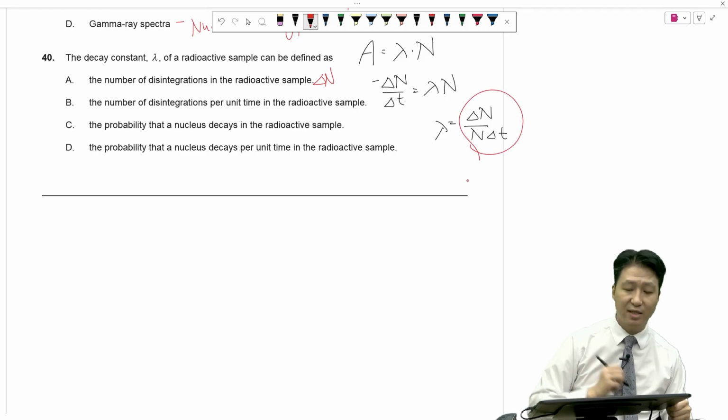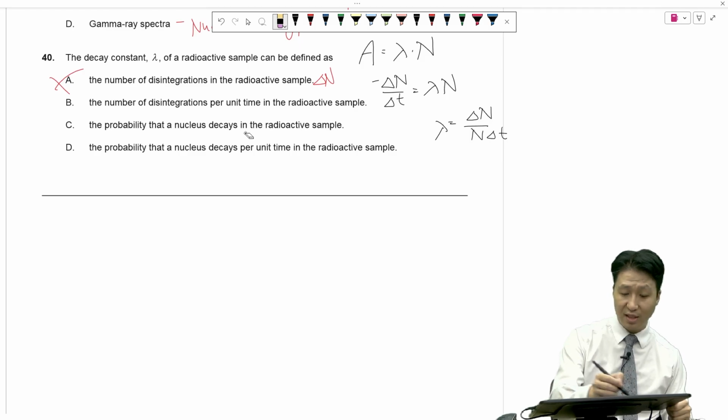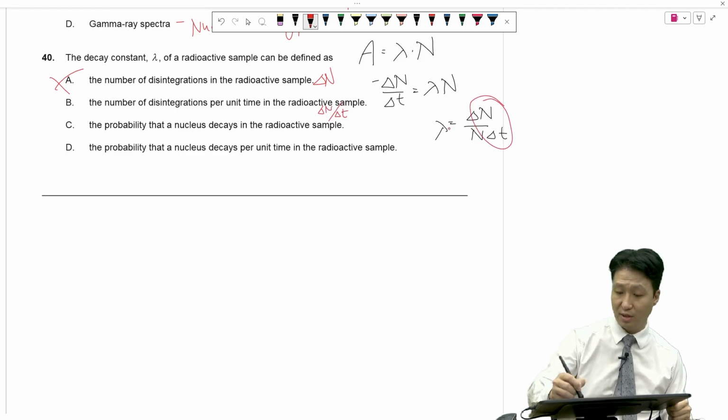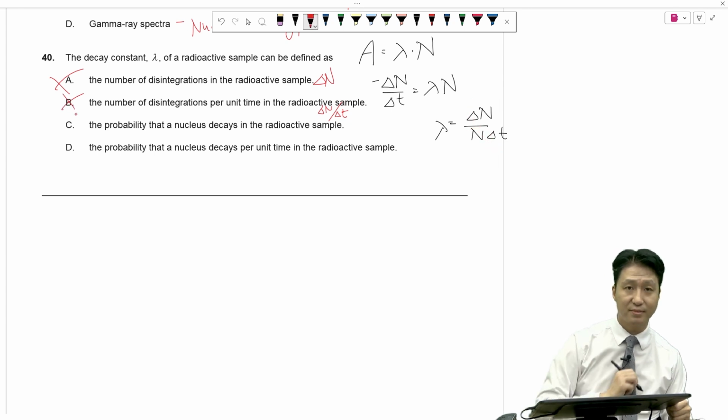It does not fit the definition here. It cannot be A. B, the number of disintegrations per unit time. So B would be delta n over delta t. We're close. It's this part of the equation, but it does not have this, so it cannot be B either.